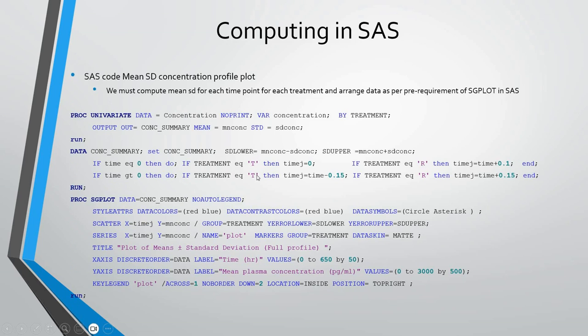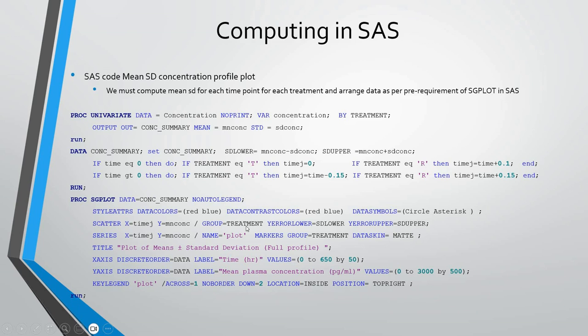This text is for the graph, which you see, the profile of the treatment concentration versus the time curve. So a little bit of work with the cosmetics and layout of the graph. Basically it's a plot. I'm plotting a scatter plot, time versus concentration. Here concentration is the mean concentration you have calculated, by group.